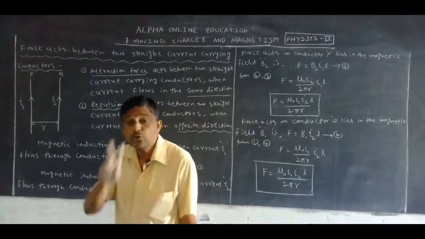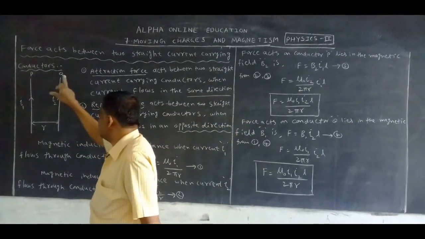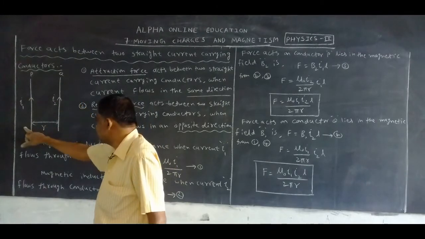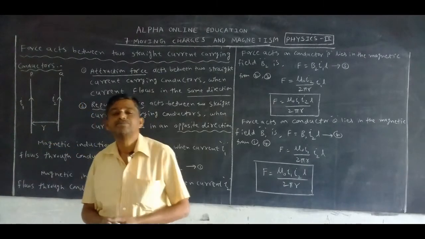Here we take two conductors, one is P, another is Q, separated by distance r.